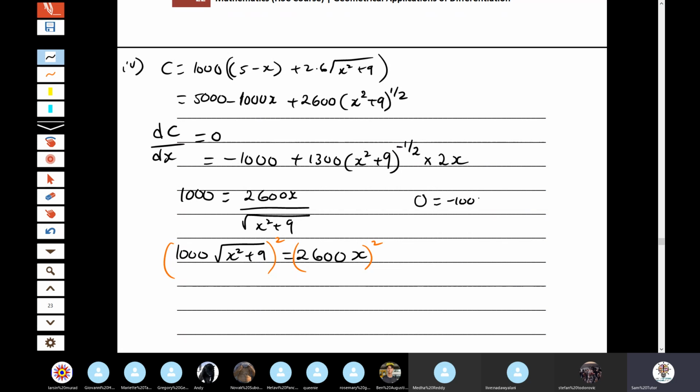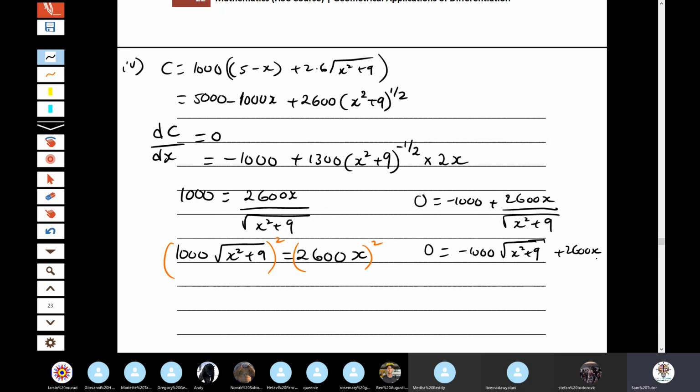0 equals negative 1,000 plus 2,600x on this square root x squared plus 9. Then you would have said, let's multiply it. So you would have had this. And then if you didn't decide to bring one of them only to one side, you can't square it, because if you did square it, what's going to happen?